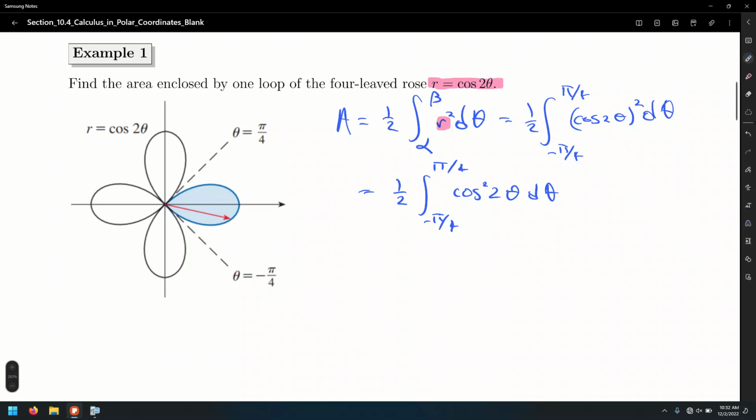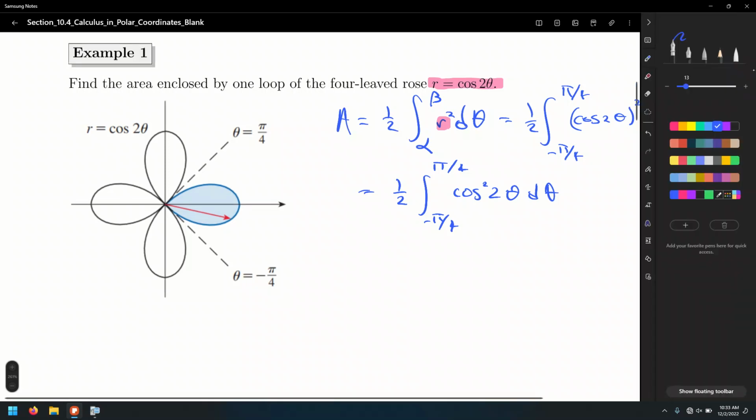If you evaluate this integral the way it's set up, between negative pi over 4 to pi over 4, notice something. Notice the area below the x-axis is negative, while the area above the x-axis is positive. Okay? So we are going to have a little issue here.